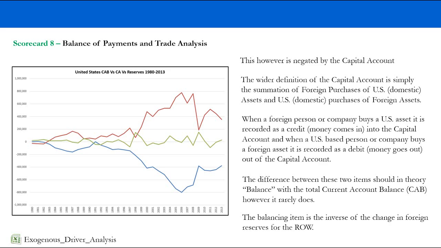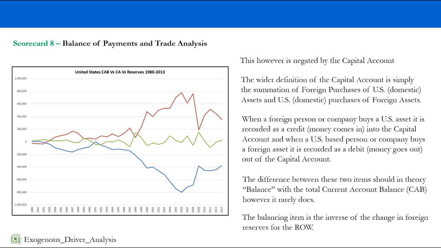So money is coming out of the United States and out of the capital account. And the difference between the two items, so the current account balance and the capital account, should in theory balance. However, it very rarely does.